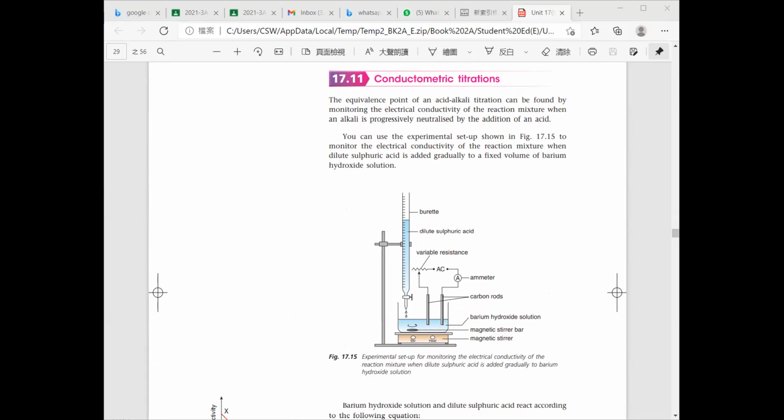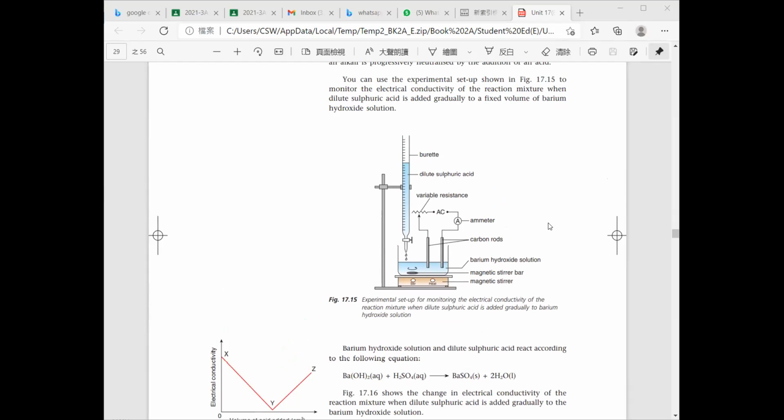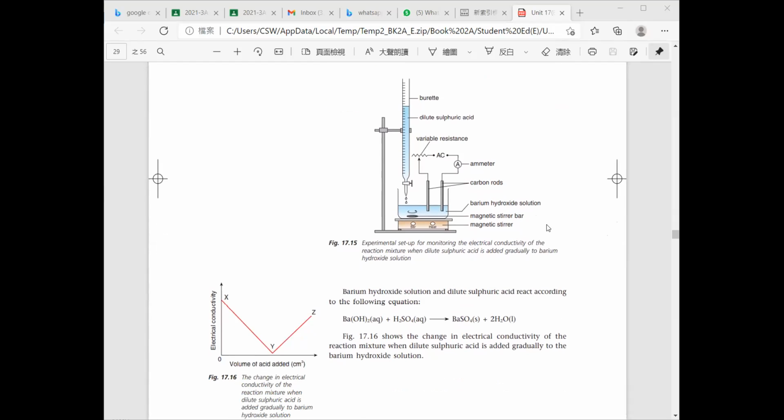So the question comes. Now I try to give you this one example. I try to add barium hydroxide to sulfuric acid. I put it against sulfuric acid, and during the whole process, why is there a change in electrical conductivity?